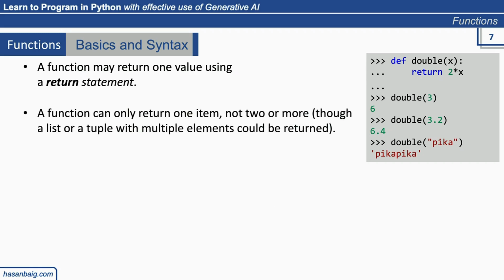All right, so a function can only return one item. We have talked about this, not two or more. So if you have to return multiple items, how would we do that? Let's take a scenario. Let's say you are moving your house from one place to another. Would you be carrying each spoon, each plate separately? Of course not. You would enclose them all together in a U-Haul box, for example, and then carry it wherever you want.